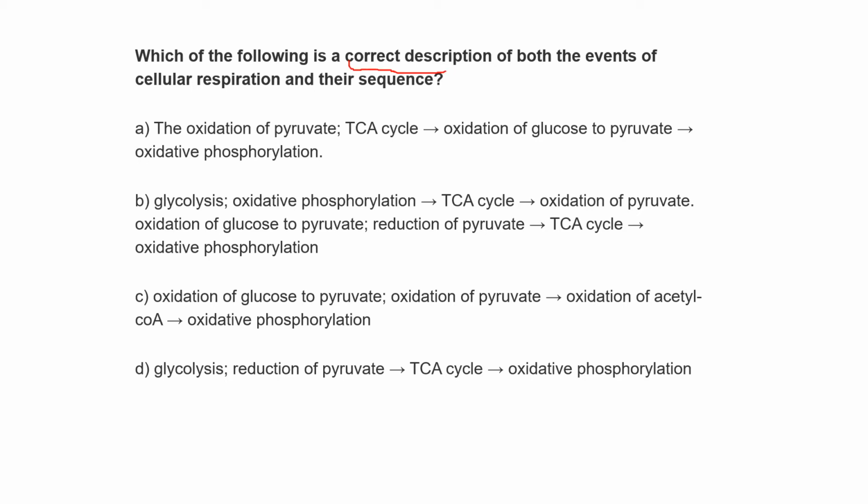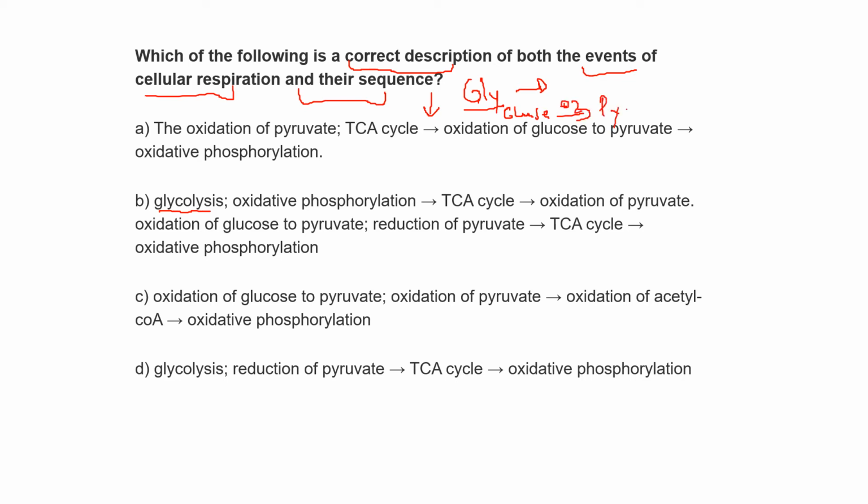They're asking you for the correct description of both the events of cellular respiration and their sequence. If you remember, they're going to try to play with you with the name of the process or by describing what the process is. For example, they can tell you that the first process is glycolysis, like here, but in C, they tell you what glycolysis is: you take glucose, you oxidize it and you produce pyruvate.